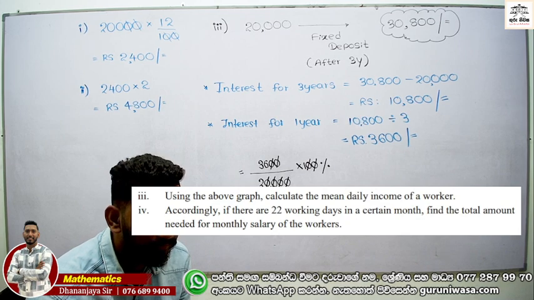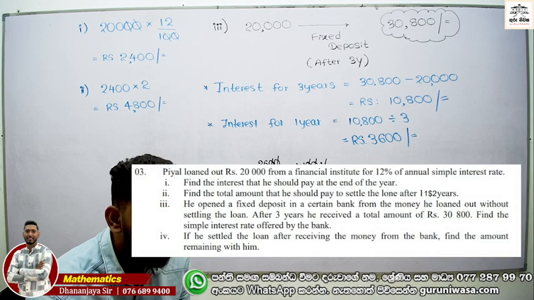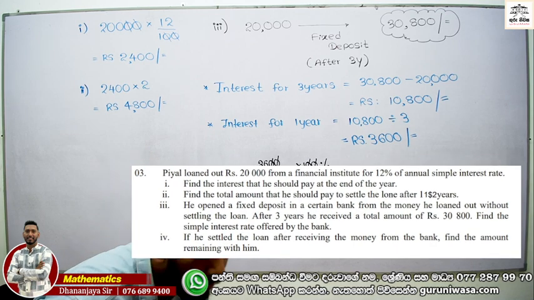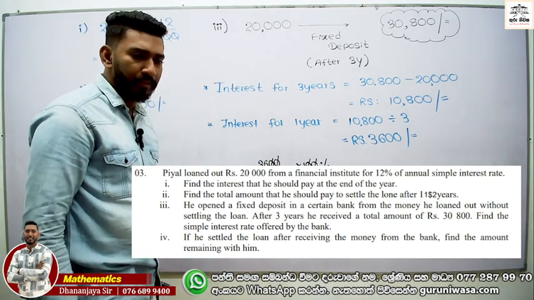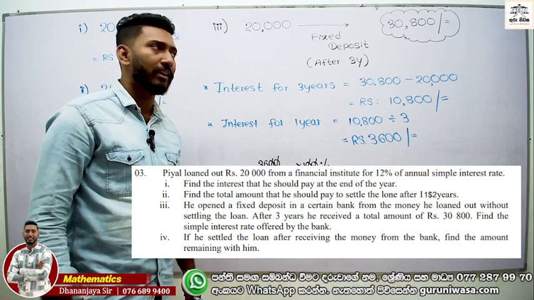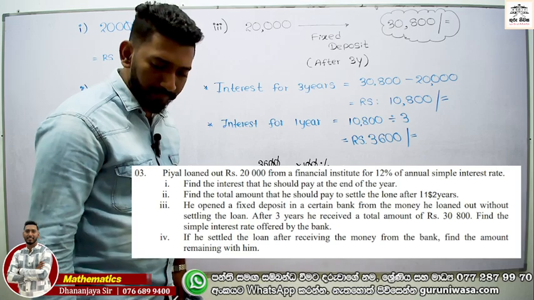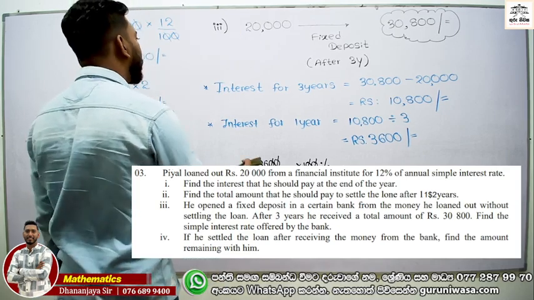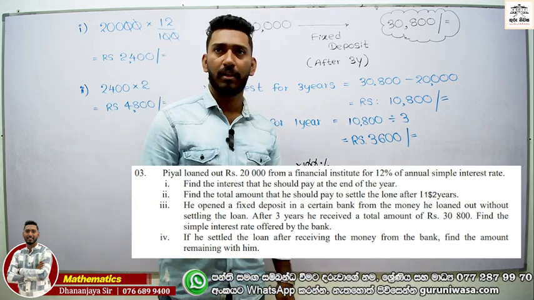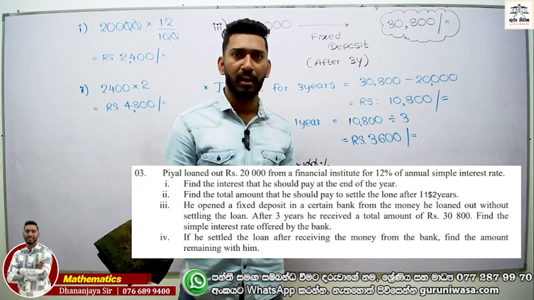Sir, finished. Done. Right. And this is the last question relevant to this percentage question. Now listen. If he settled the loan after receiving the money from the bank, what does he do now? He took a loan of 20,000 and does not settle the loan until 3 years pass.